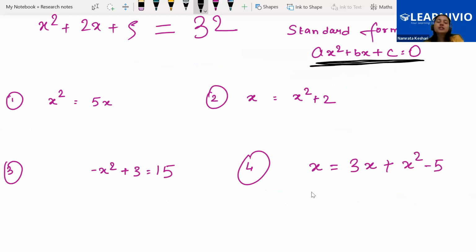Each and every equation we will try arranging in standard form. Can you tell me what our equation number 1 will be if we arrange it in standard form, that is ax square plus bx plus c is equals to 0? Abdul, please tell me. If I want to write the first equation in the standard format, what can I write over here?